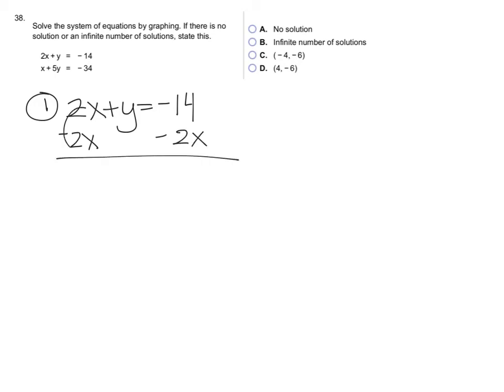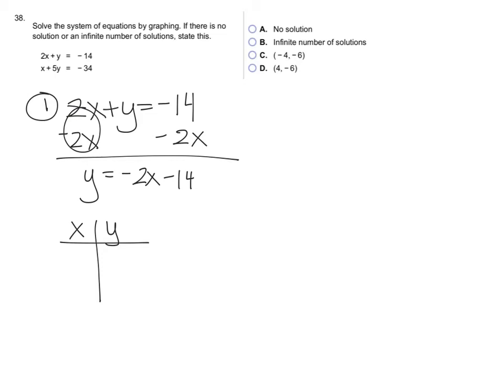And this will just ensure that I get whole numbers when I go to plug in an x or a y to find ordered pairs. I rewrote the equation to be y equals negative 2x minus 14. Now I'm going to create an xy chart and just find 2 points so I can plot them on the graph and draw the line.